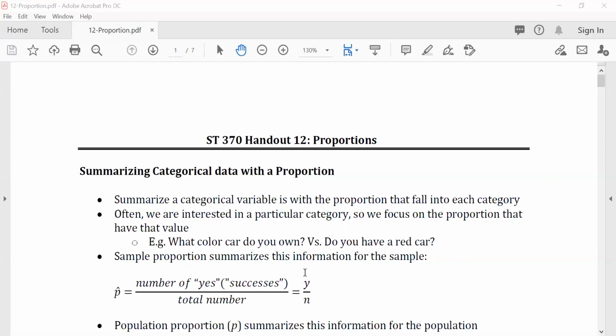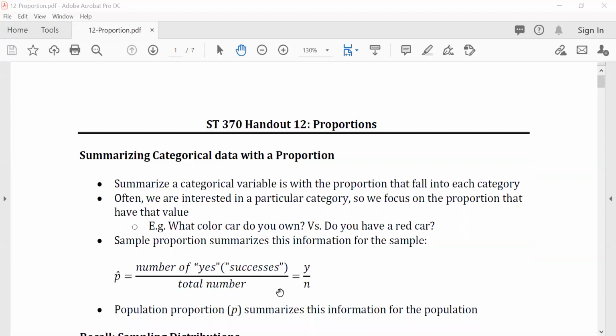The sample proportion would be, if we collect a sample, say we take the students in this class as a sample. Let's forget about whether this sample is representative or not for the moment. So the sample proportion would be the number of people who are voting yes. I think there would be two of us.